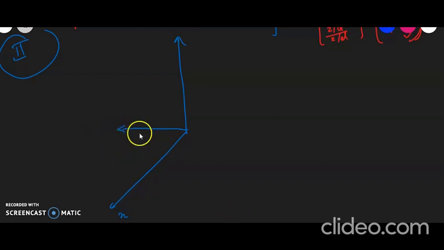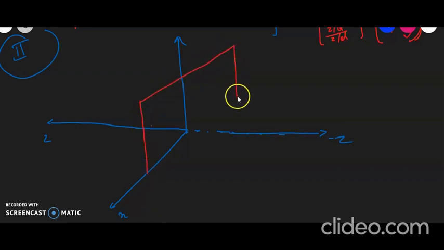I will be increasing this a bit, and this is my z, so this automatically becomes my negative z. Now I am saying that the view plane is at origin, and the center of projection is at a distance d from the origin.